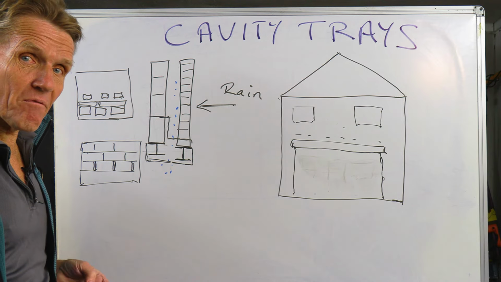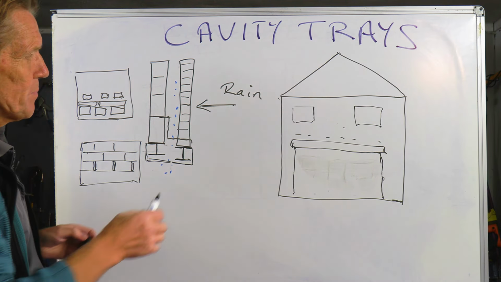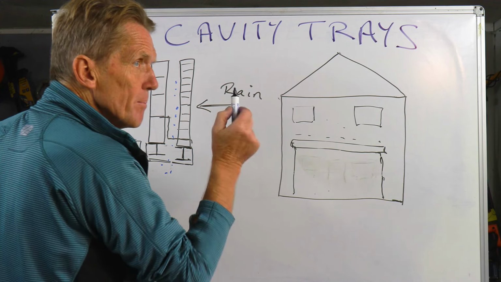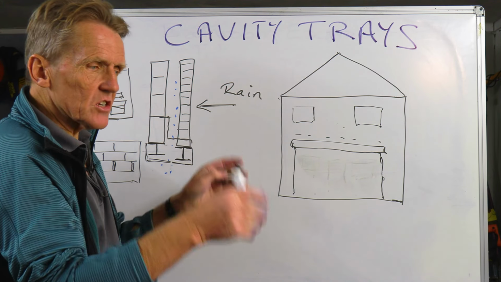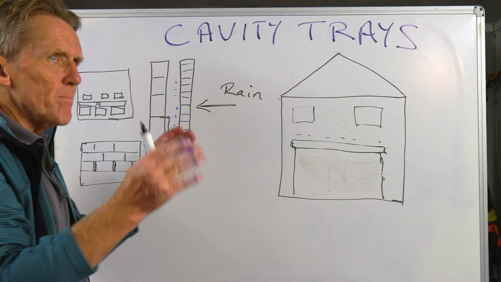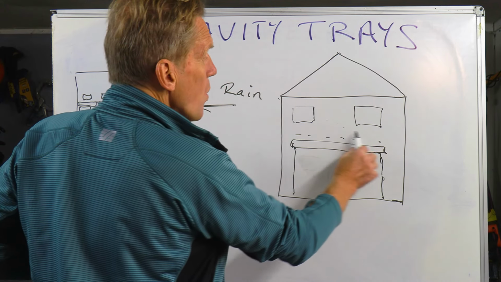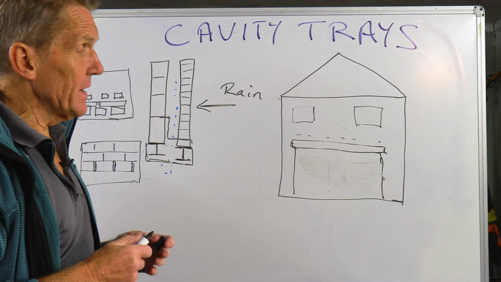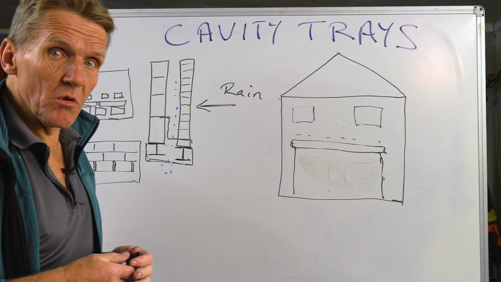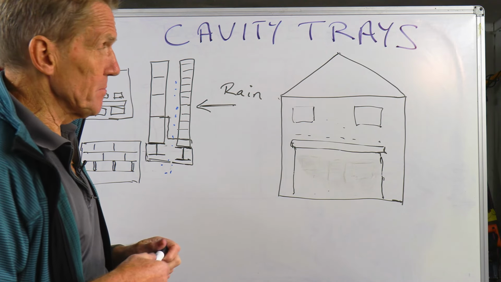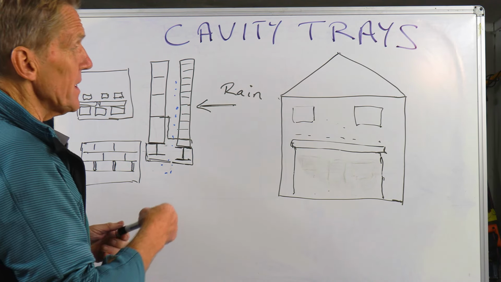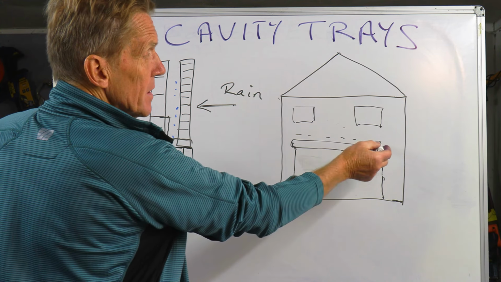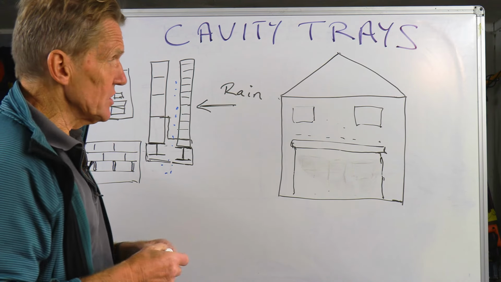Now, very often, because it's an absolute pain for the builder to take those bricks out, put in the cavity trays in sections, put the weep holes in, butt them up together, all the way along there, they don't bother. And sometimes the building inspectors don't look, they don't see that that hasn't been done. If they do see it, they may get the builder to chop all this brickwork out. It can only be done a bit at a time, and then put those cavity trays in.